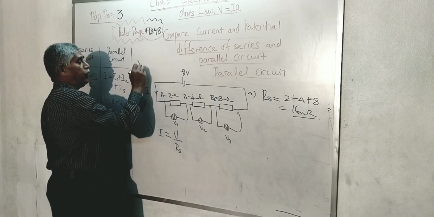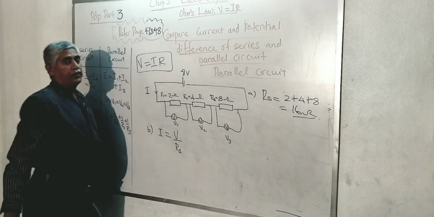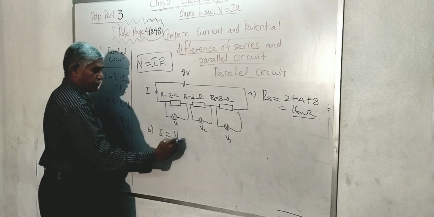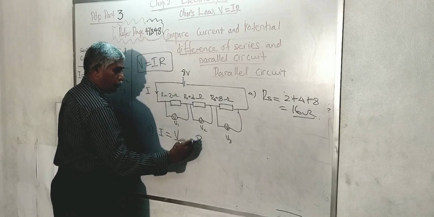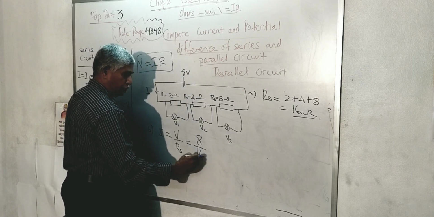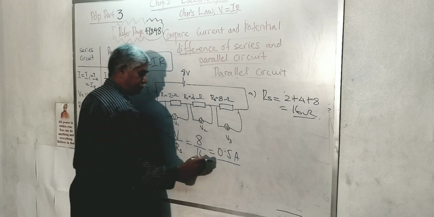This is based on Ohm's law, V equals IR, when the temperature is constant. So 8 volts divided by 16 ohm, you get 0.5 ampere.